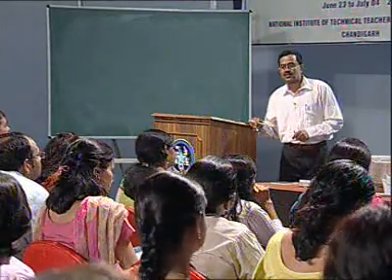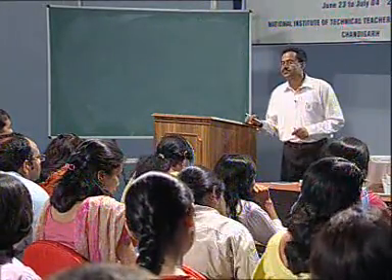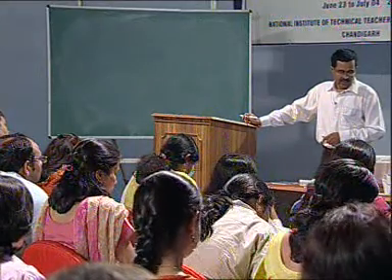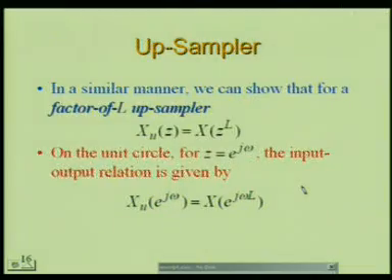Similarly, we can consider the upsampler in a similar manner. We can show that for a factor of L upsampler, X_u(z) is equal to X(z to power L), where capital L is an integer again. On the unit circle, for z equal to e to power j omega, the input output relation is given by X_u(e to power j omega) is equal to X(e to power j omega L).